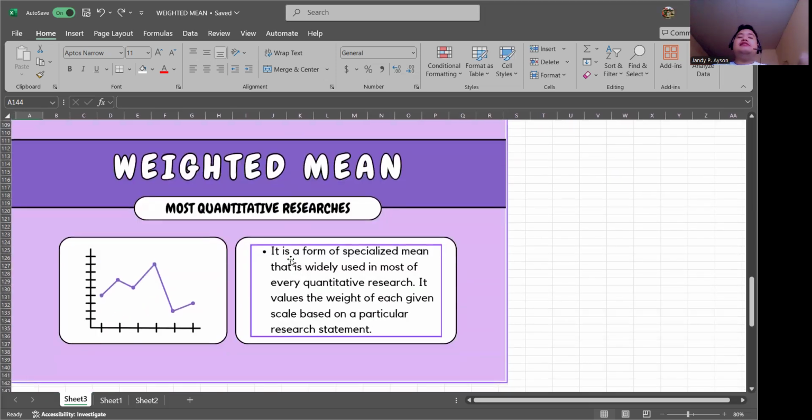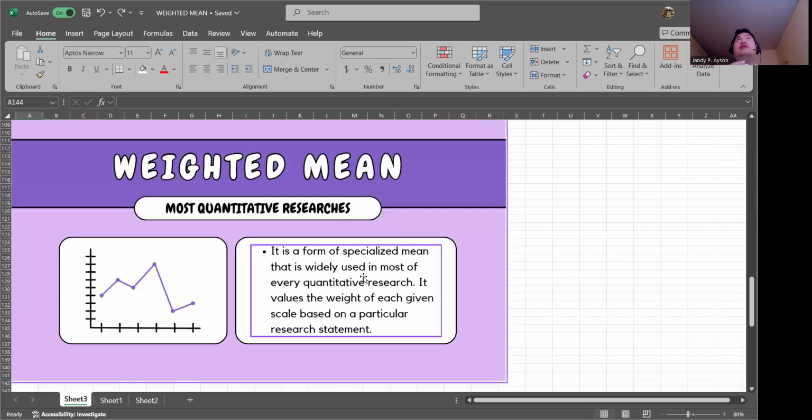Okay, so next is, ito na po yung first statistical treatment natin, which is weighted mean. So when we say weighted mean po, this is commonly used in most quantitative research because ang purpose niya is to value the weight of each given scale based on a particular research statement.